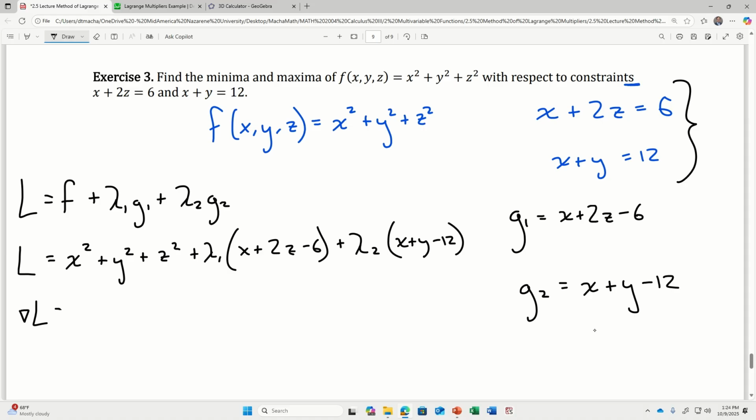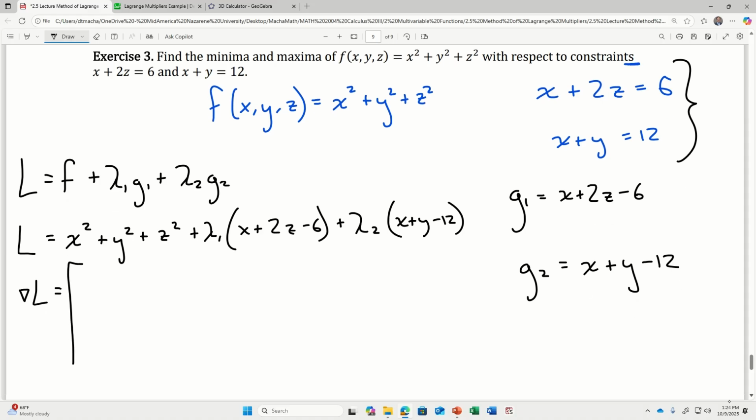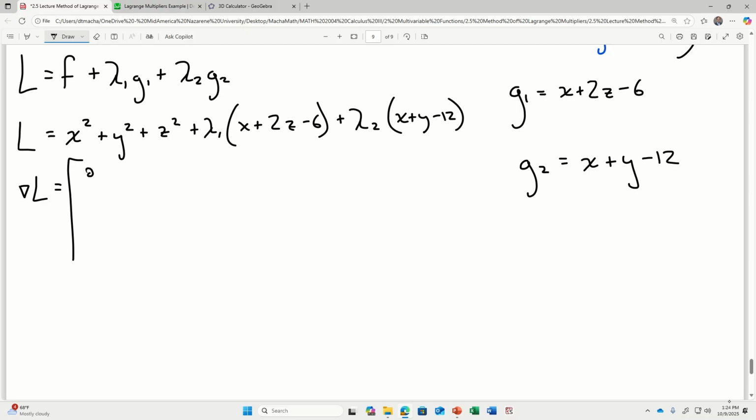The gradient of this Lagrange function is going to be a 5-dimensional vector because I need the partial with respect to x, the partial with respect to y, the partial with respect to z, the partial with respect to lambda 1, and the partial with respect to lambda 2.